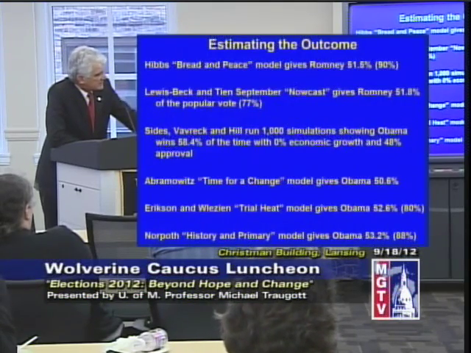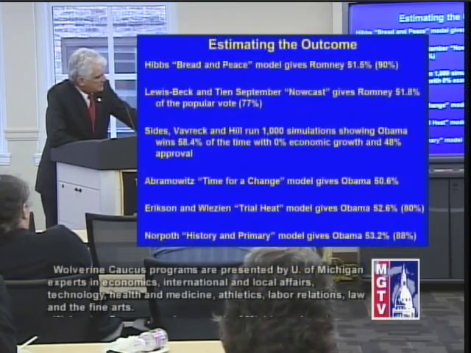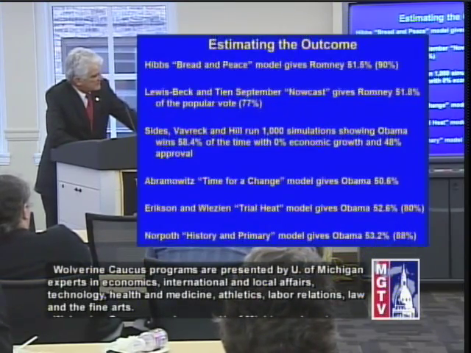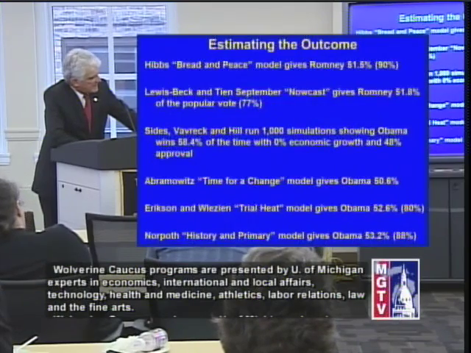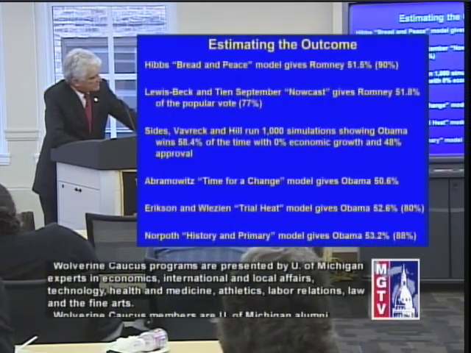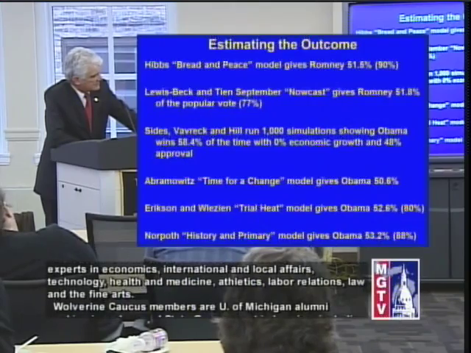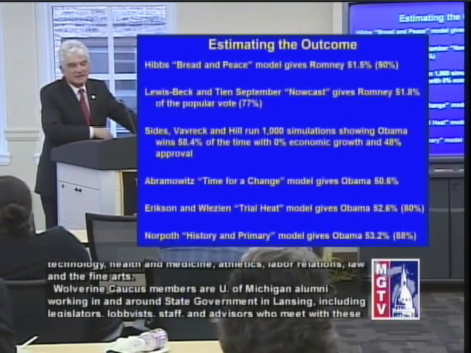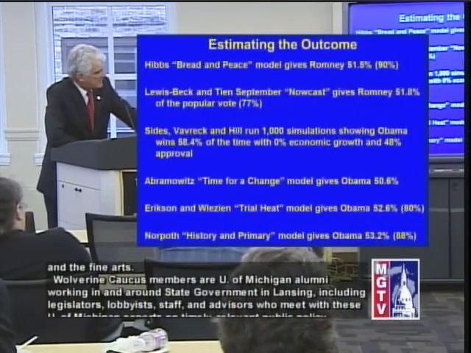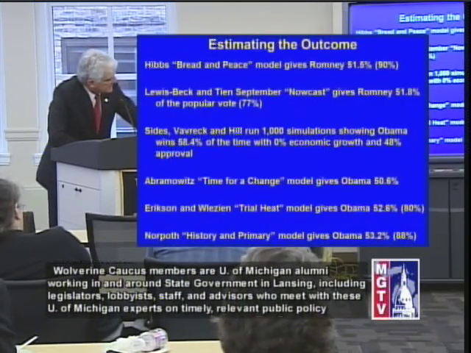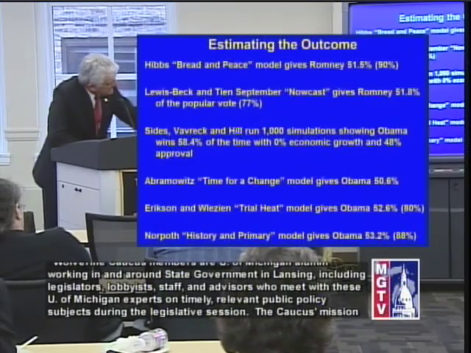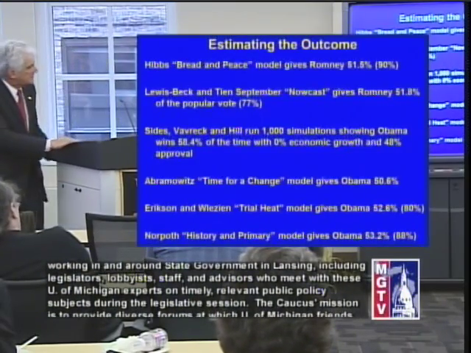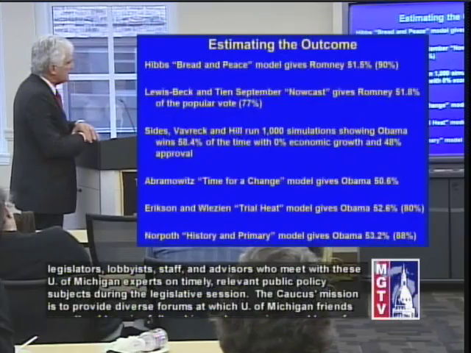Alan Abramowitz has an incumbency component in his model. He gives Obama 50.6%. Erikson and Wlezien look at the behavior of the trial heat polls across the campaign. They look at historical data and then sort of project it on the contemporary data. They give Obama 52.6% and an 80% chance of winning.